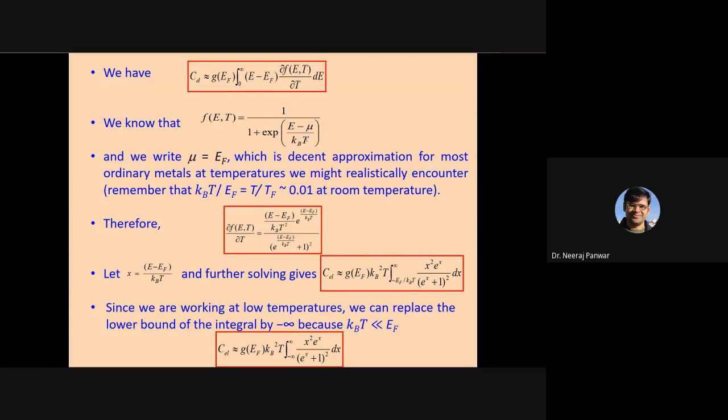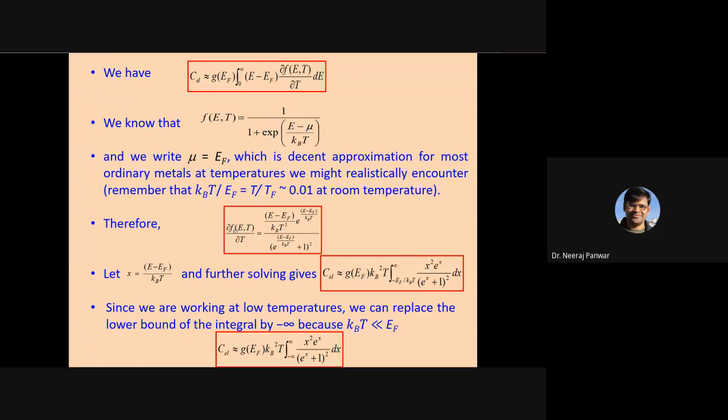And for all working temperatures, we can replace the chemical potential by the Fermi energy, because kBT upon EF, or T upon TF, is much, much smaller, 0.01 at room temperature. Therefore, at all working temperatures, you would see in some books that in place of mu, it is written as EF.